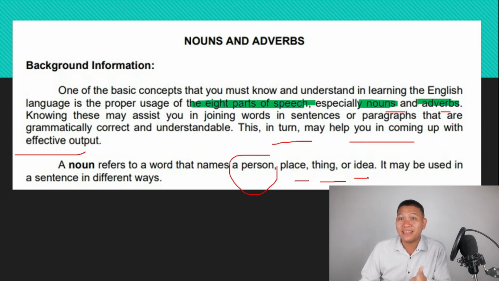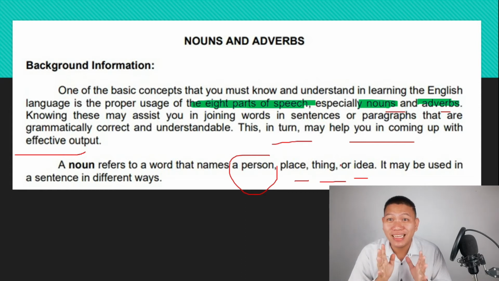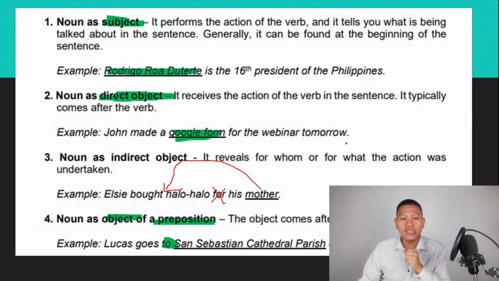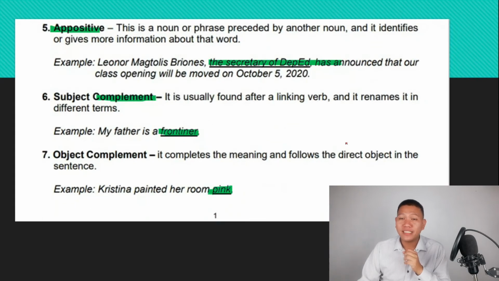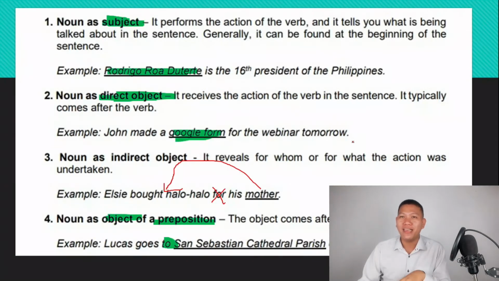Or ideas: love, patience, hope. These are all nouns, okay? They may be used in a sentence in different ways. What are these different ways? This will be the focus of our lesson for today. Nouns can be used in 7 different ways. Let's talk about it one by one.